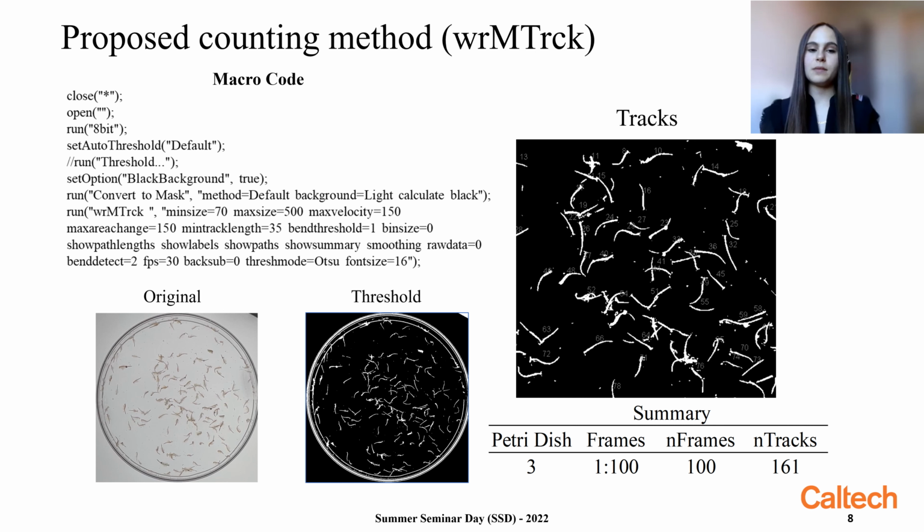For the proposed counting method, the program ImageJ and specifically the wrMTrck plugin were used to develop a macro code for counting the brine shrimp automatically without labor-intensive work, as shown in the manual count slide. In wrMTrck, the user is required to input a compatible file from a computer folder, convert it to 8-bit, and adjust the threshold.